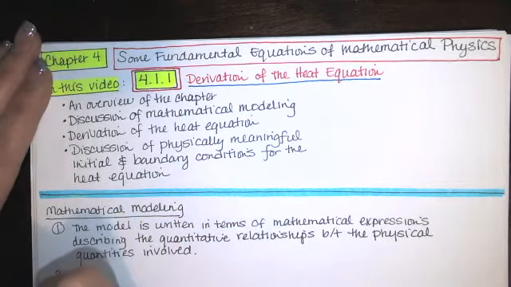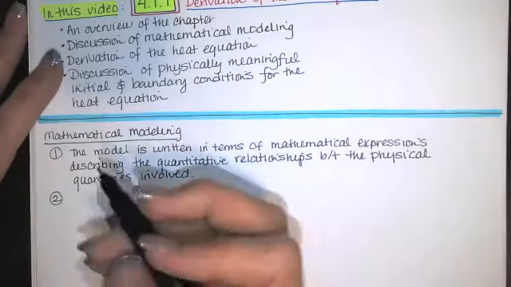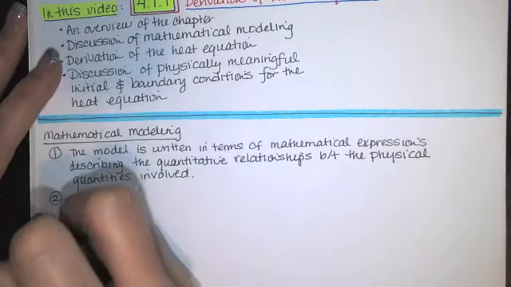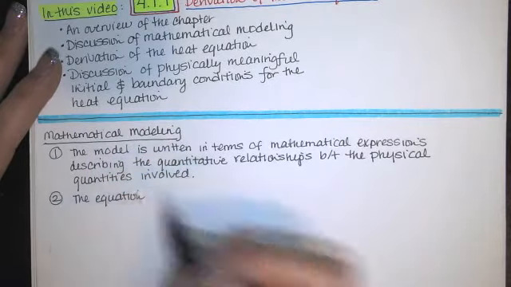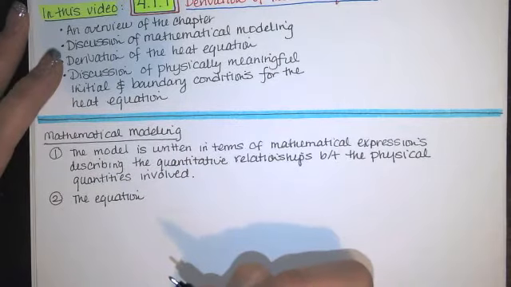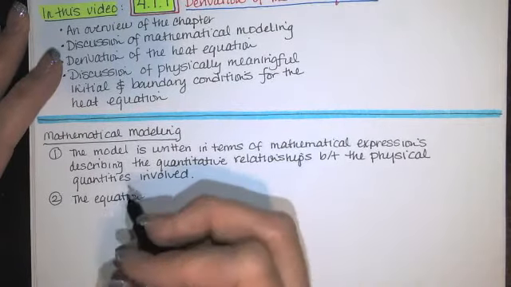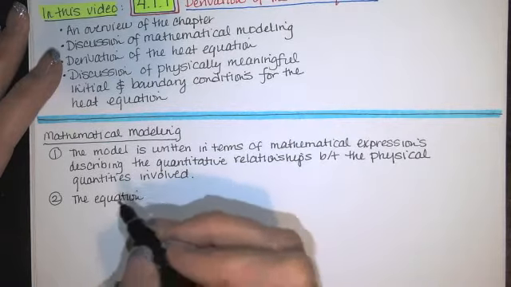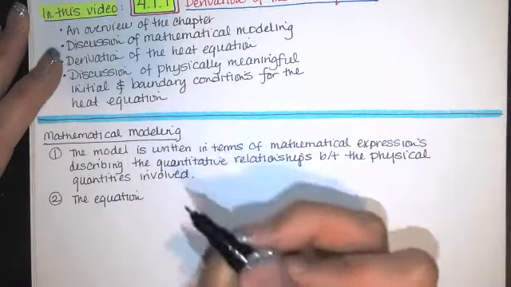Alrighty. Now, after we have that mathematical model, we solve the mathematical model. Seems pretty straightforward. You create a well-posed problem that describes the physical conditions, that describes how things evolve and behave and are related to each other, and then you solve the equations.